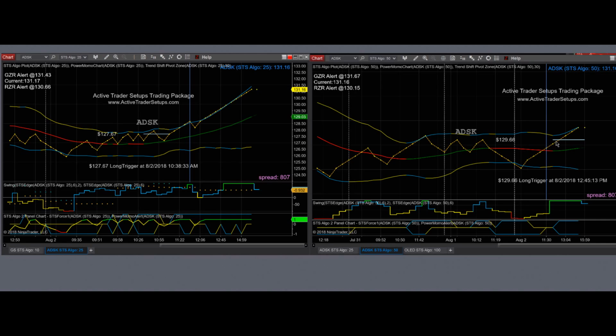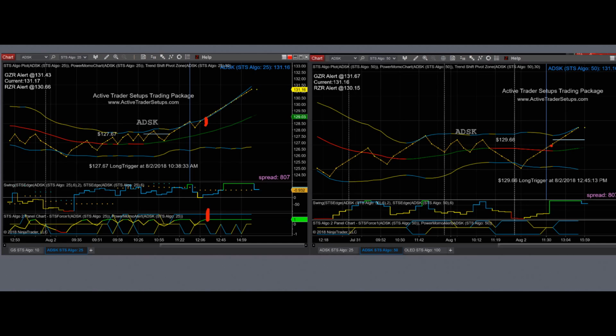But you're watching it, you're seeing this momentum, it gives this little pullback, comes right back in with your force right here. This is where you could step into this stock. A little after 12 o'clock, that was a long in here, and look what happened between the time I drew this dot and this next dot, way up here in the middle. This is a 50 cent, 50 algo, 50 factor chart.